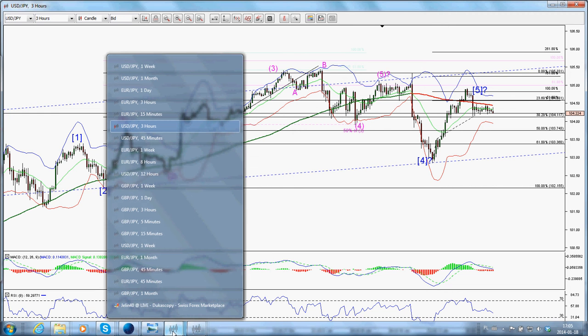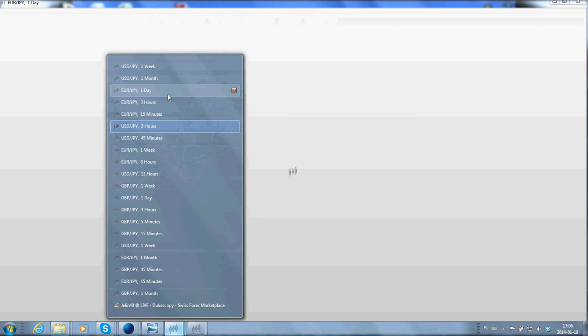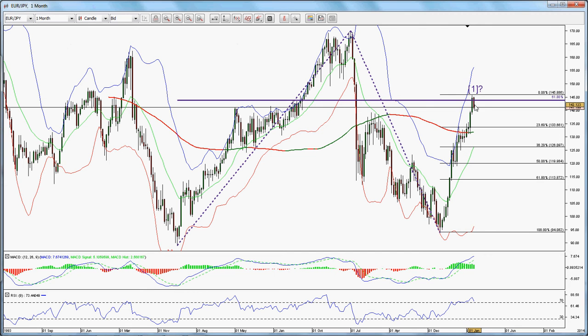Okay, good. So this was the USD Japanese yen. Now the Euro Japanese yen. Let's start with the monthly. At the moment this is red. I'm asking myself whether we have the first impulse to the upside and will have a stronger correction to the downside.